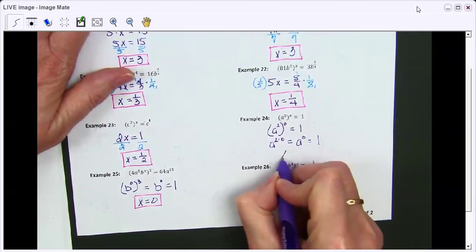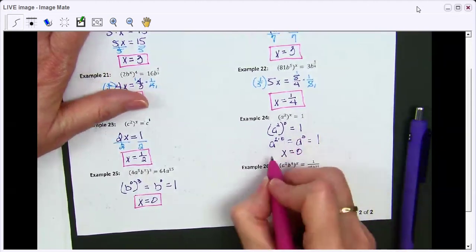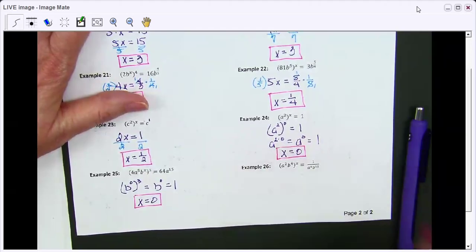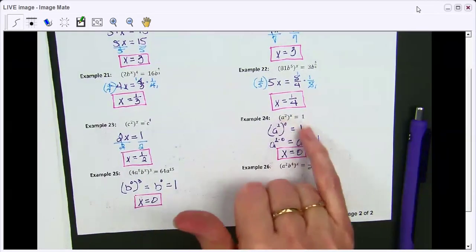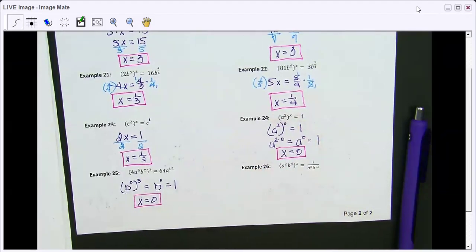So in this case, x equals 0. If 2 to the power of 0, wouldn't that make it a 1? In order for this whole thing to turn to 1, the exponent has to be a 0.